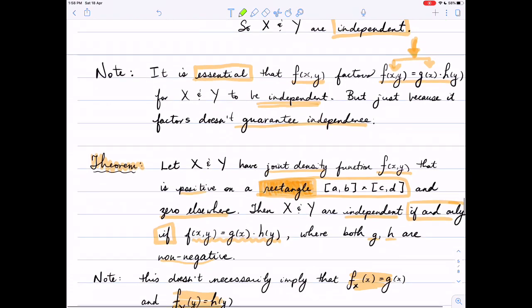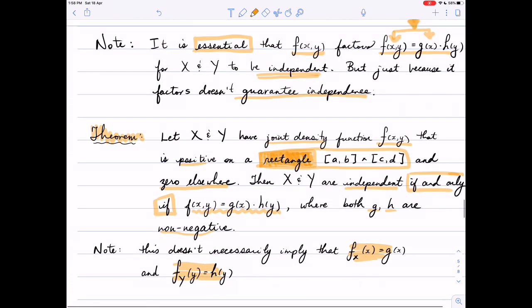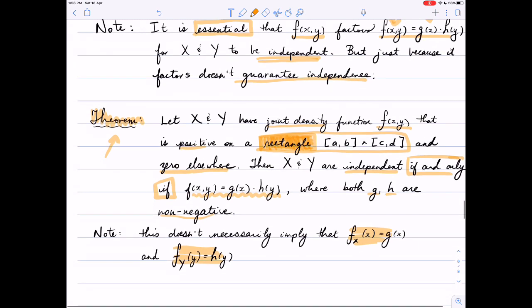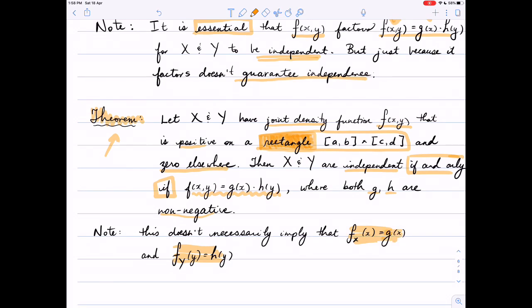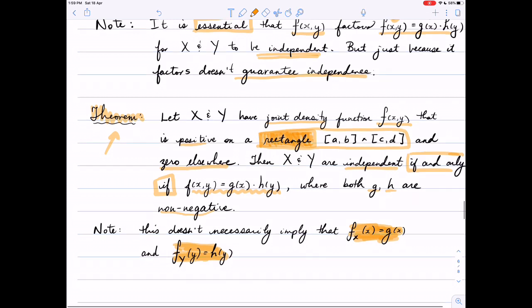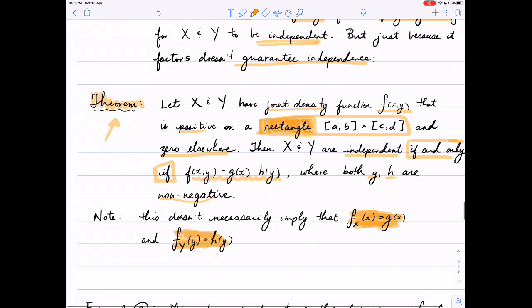So you need to be careful applying this theorem. Just because it factors over a rectangle doesn't mean that the factors are actually the marginals. You have to use a little bit more care to make sure. The marginals will be factors, but that doesn't mean that all factoring will necessarily give you the marginals.